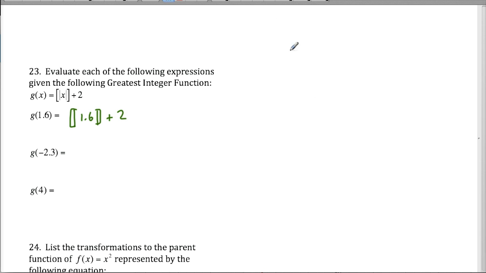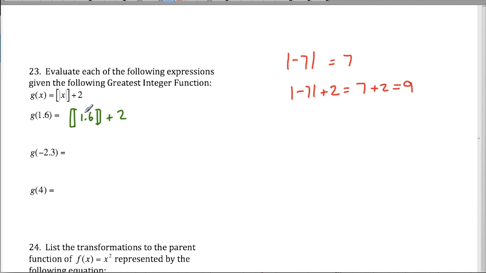Now off to the side, remember, this is a little note that I think some people forgot. If I had something like this, where I had the absolute value of negative 7, when you take the absolute value of something, what you're doing is you're changing the sign of what is inside there, if it's negative. So the absolute value of negative 7 is 7, right? We were used to that. So if I gave you something like, what's the absolute value of negative 7 plus 2, you would say the absolute value of that is 7, and then you add on 2, and so you get 9.